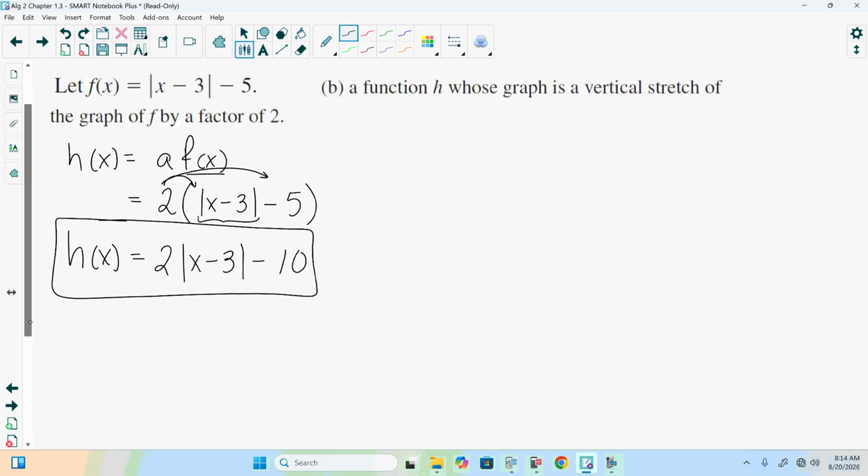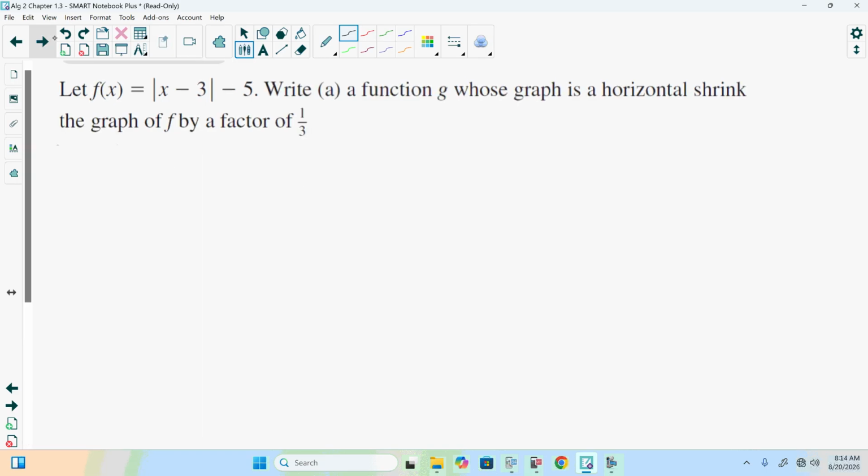Questions on the vertical stretch of 2. Let f of x equal the absolute value of x minus 3 minus 5. We want to write a function g whose graph is a horizontal shrink of f by a factor of 1/3. So we're writing g of x. What is the general form for horizontal stretch or shrink?